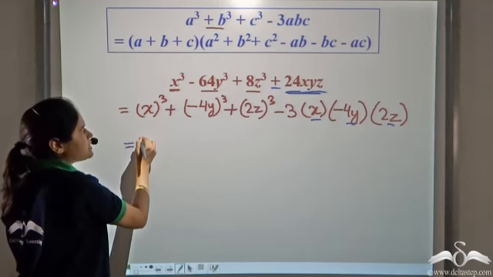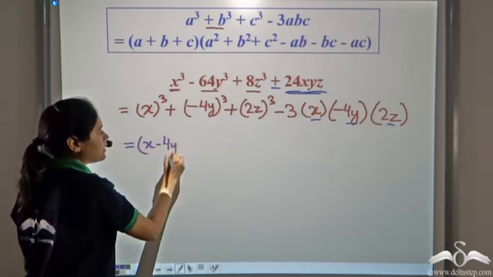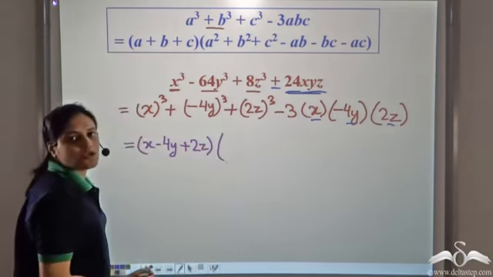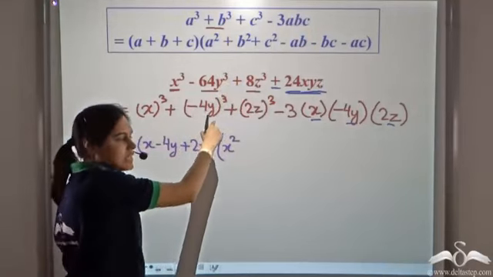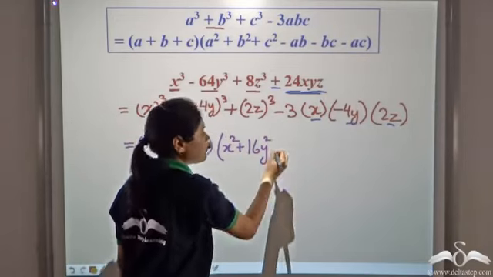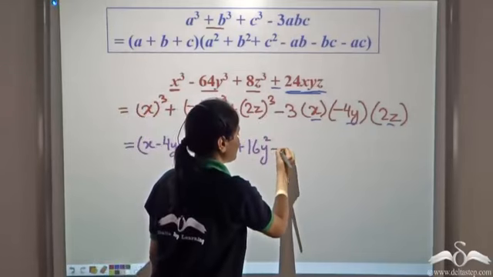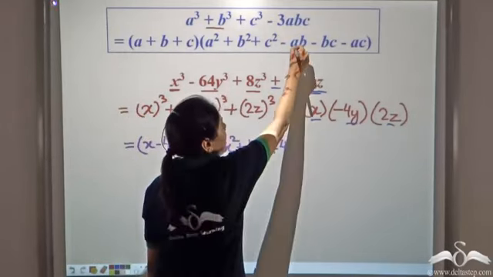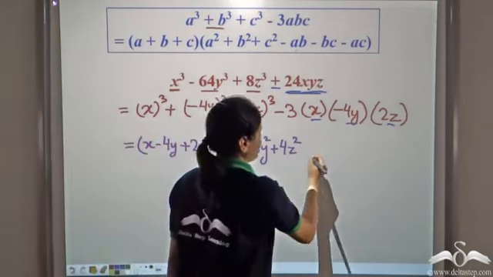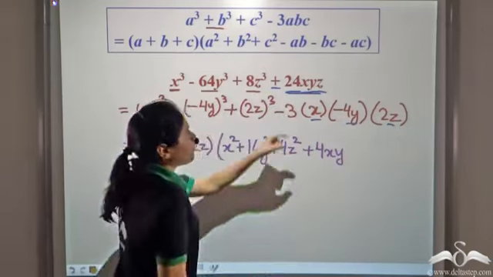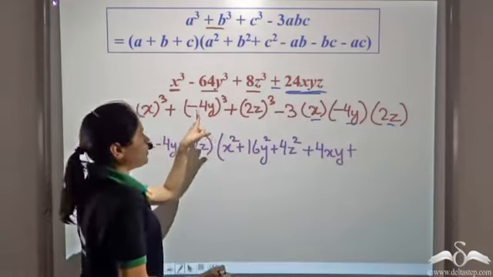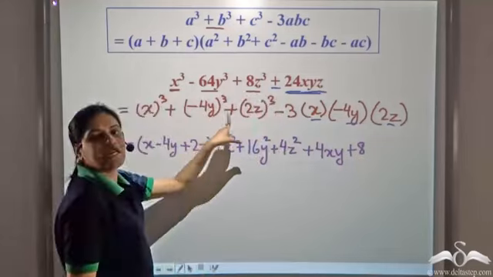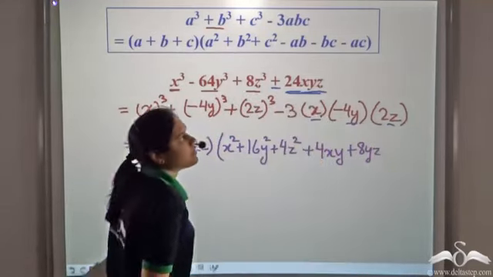So it is a plus b plus c, that is x minus 4y plus 2z into a square is x square, plus b whole square, negative 4y whole square is 16y square, so this is plus 16y square, plus c square is 2z whole square, which is 4z square, minus ab, minus x into negative 4y gives us plus 4xy, minus bc, minus negative 4y into 2z will have a plus sign. 4 into 2 will give us 8, y into z will give us yz, minus ac.